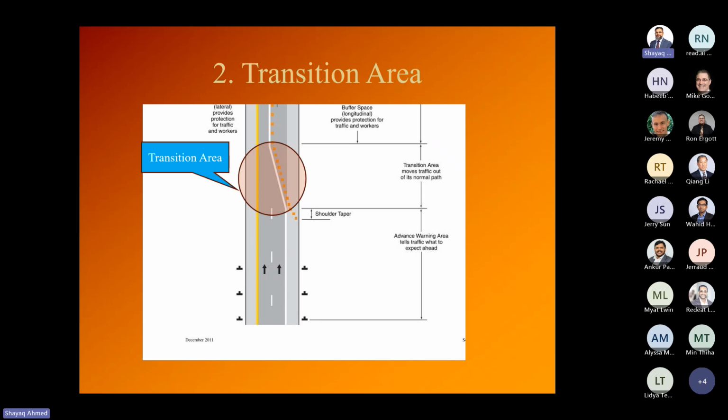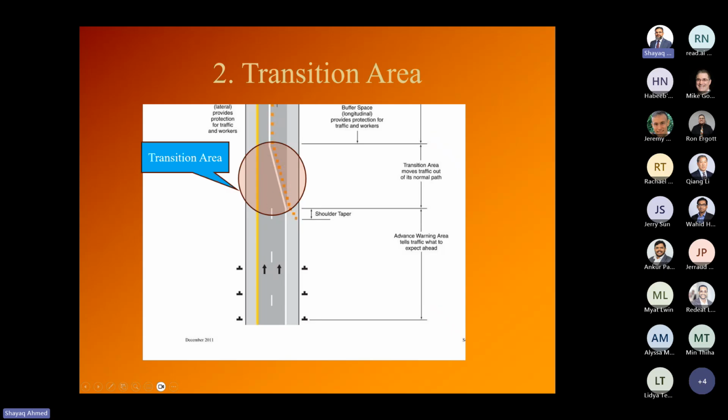So the second aspect of the work zone is the transition area that you can see in the circle. That's the transition area. Basically, we are closing a lane in this case and merging one lane to create only one lane operation, one lane through the work zone.